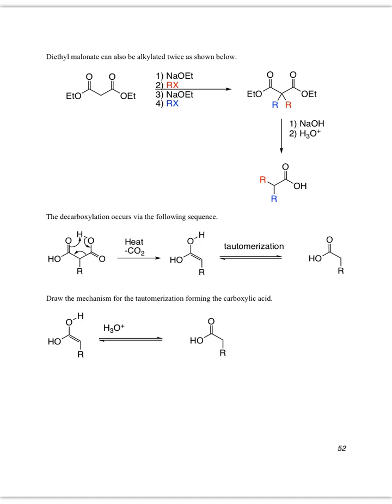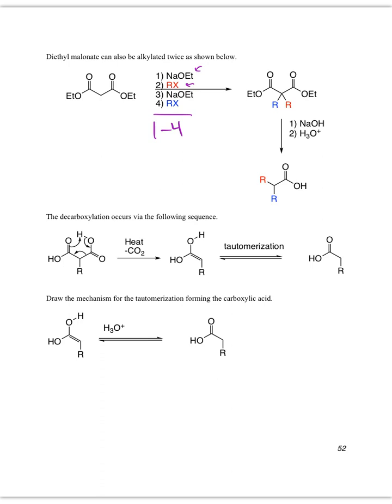We can put two different things on there if we use the base and some RX. Doesn't matter what it is as long as it's a primary leaving group. We put on the red R, and then we can add base again and add the second RX. And we have to do these as four distinct steps, one through four.